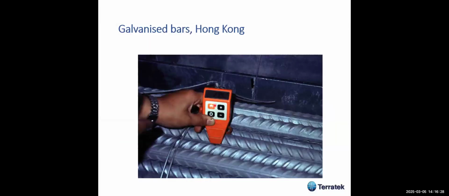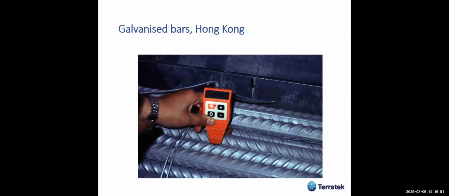It's very interesting. I'm going to address my experience in Hong Kong. I worked there many years ago for 6 months, and I visited some sites and also visited the factory they used to make these ground anchors. The corrosion protection was made using galvanized bars.